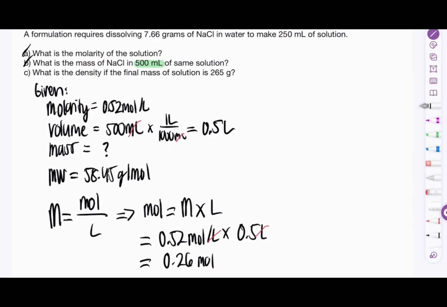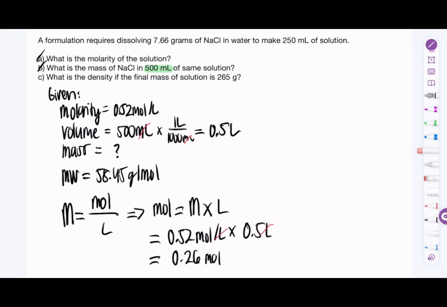0.26 mole. And now that we have solved for the mole, we use it in the formula for mole: mass over molecular weight, and derive it as mass equals mole times molecular weight.